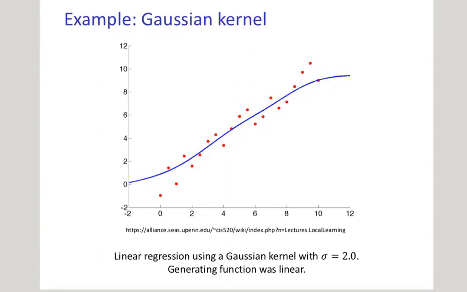With a larger value for the variance, or a larger value for sigma, we see that the approximation gets much more reasonable. But notice, we still have these problems at the end where we don't have data points. Remember how we discussed this earlier in the lecture series.